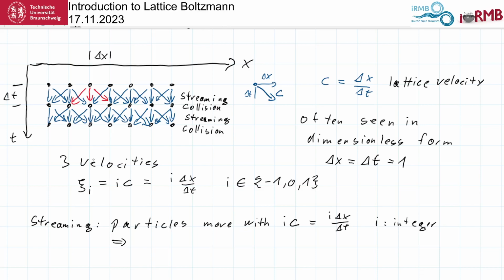So the populations, so the f is a population, they more or less hop, it's very important, from node to node on a regular grid.